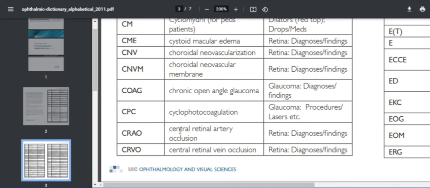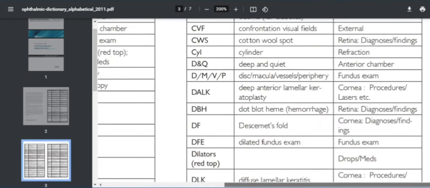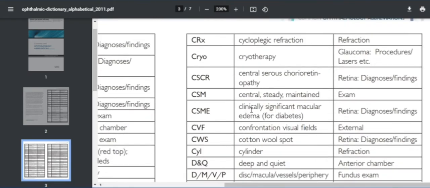Another is CRX, cycloplegic refraction. It is mostly done to find latent hypermetropia, or in children who accommodate and correct the hypermetropic power. For that purpose, cycloplegic refraction is done.